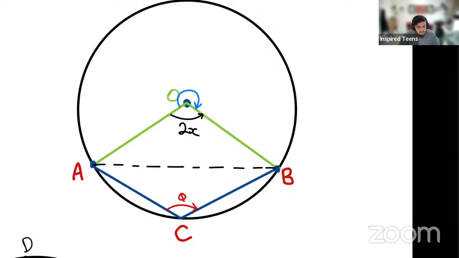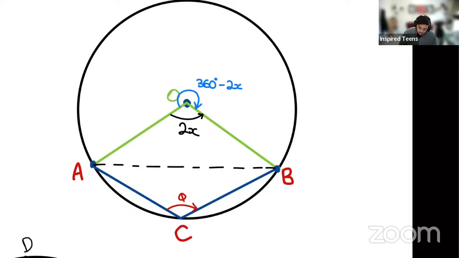A bit strange, but yes. Reflex means around a point. This reflex angle is going to be 360 degrees minus 2x because it's angles around the point, right? This part here is 2x, so its reflex angle is 360 minus 2x.